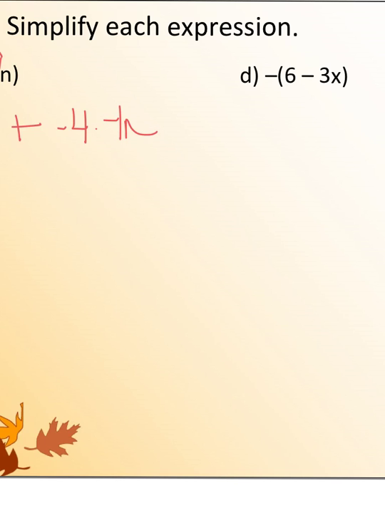Multiply. So once you've distributed everything, because that's what we just did, now we actually multiply. -4 times 6 is a -24 plus -4 times a -1n. Multiply the numbers, attach to the n. There's our answer.